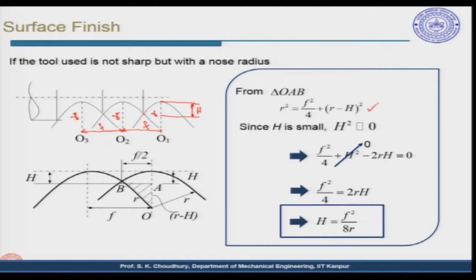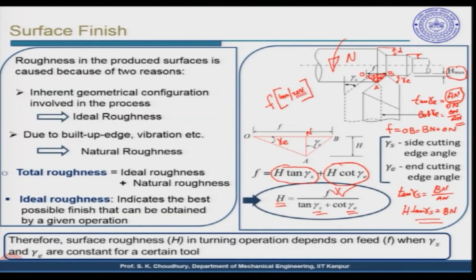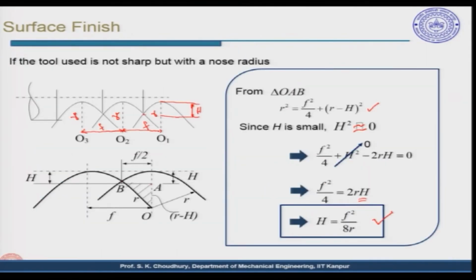From this equation you can find out that since h is very small, h can be almost equal to 0. So, if you open it up, h square you ignore, and you will have the value of h, which is the surface roughness, equal to f square by 8r. Now, you estimate by comparing the two values: this is the case of the sharp tool, and this is the value in the case of the tool with the nose radius.